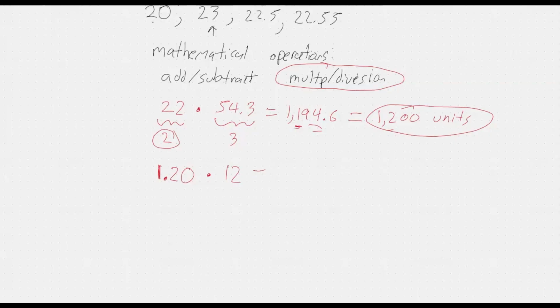Trailing zeros, like this, must be significant, meaning when we're to the right of the decimal point and the number furthest to the right is a 0, there's only one reason to include that 0. It's that it is significant. So this would have 3 sig figs. This has 2. So my answer should have, again, 2 sig figs.